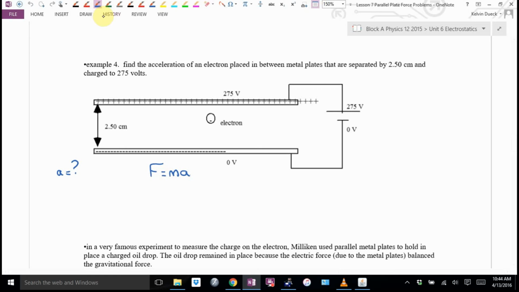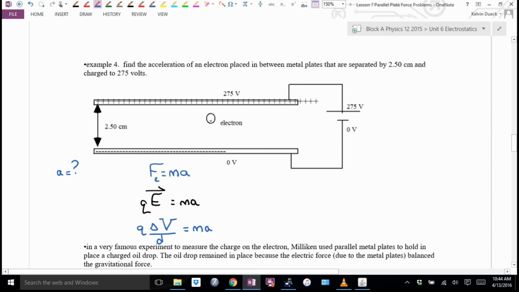Which force? Well, it's an electric force, and I can find an electric force by going QE. The electric field. Did they tell me the electric field between these plates? No. Wait a minute. I can find the electric field between these plates by using Q, the voltage, divided by the distance equals ma.